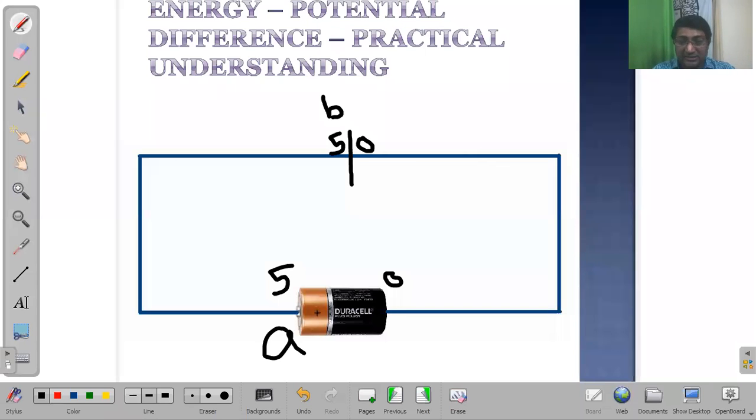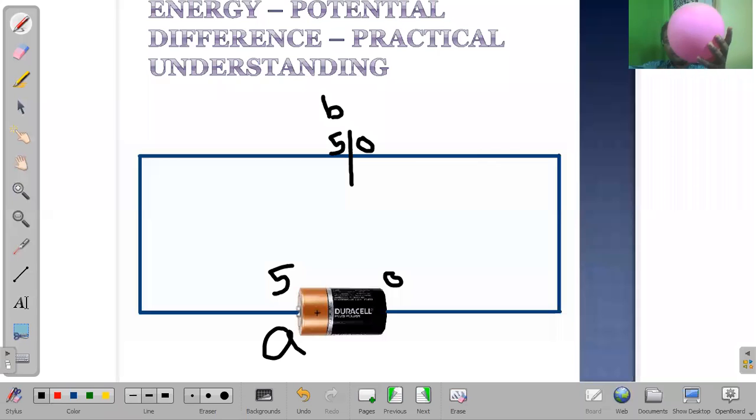Only when there is a potential difference will electrons move. You can have an analogy with this, guys. I like to pop balloons anyway. So I have this balloon, it has air in it. My question is about the pressure.